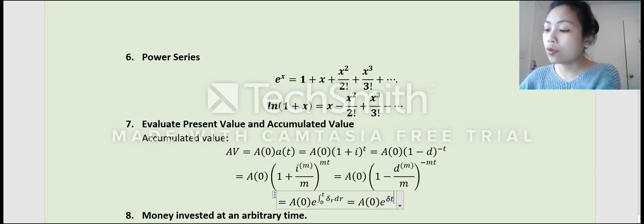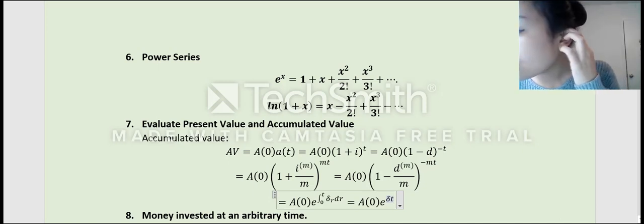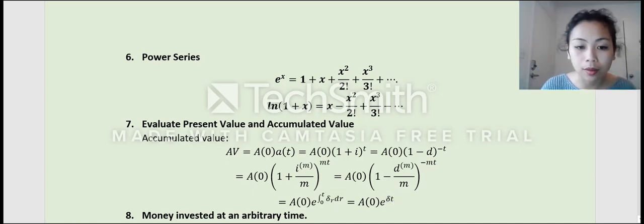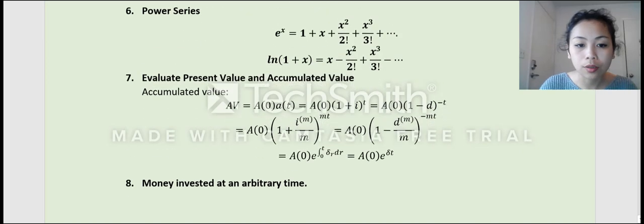So that is how you compute the accumulated value. Now we are working with present value.